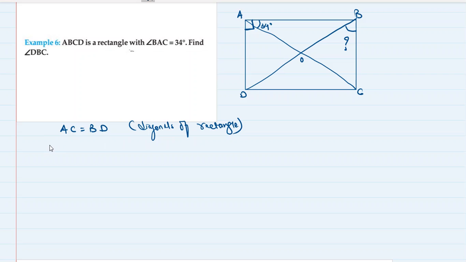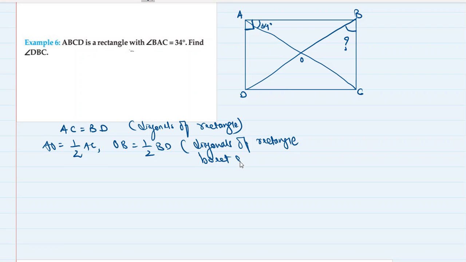Also, we know that AO is equal to half of AC and OB is equal to half of BD. Why? Diagonals of a rectangle bisect each other. So AO is half of AC, OB is half of BD.